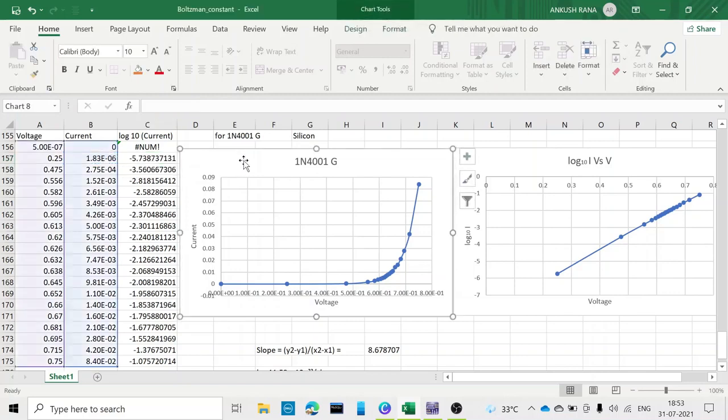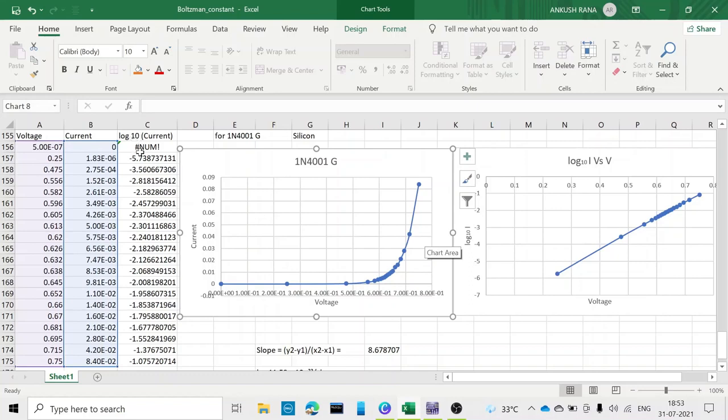Then this is the VI graph, the voltage and current graph, which I have calculated using MS Excel. This is the voltage across the diode, and this is the current we get at that voltage, and this is similar to the PN junction forward diode characteristics which we have seen in our slide.